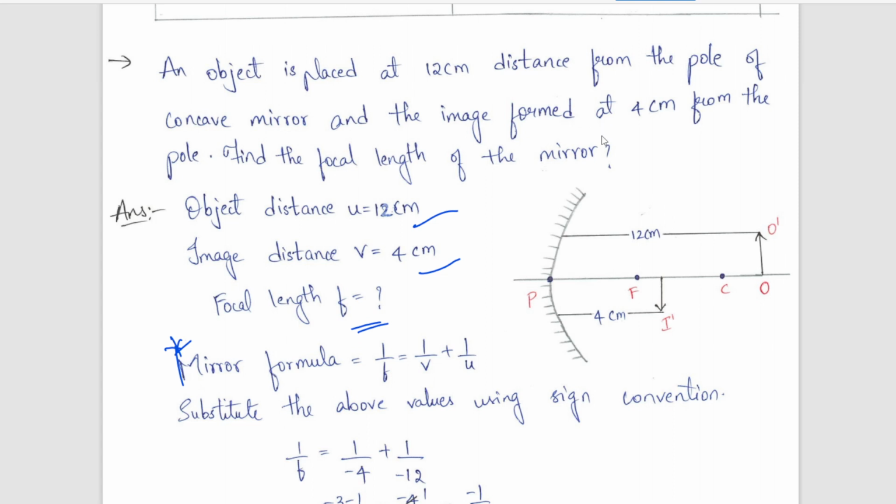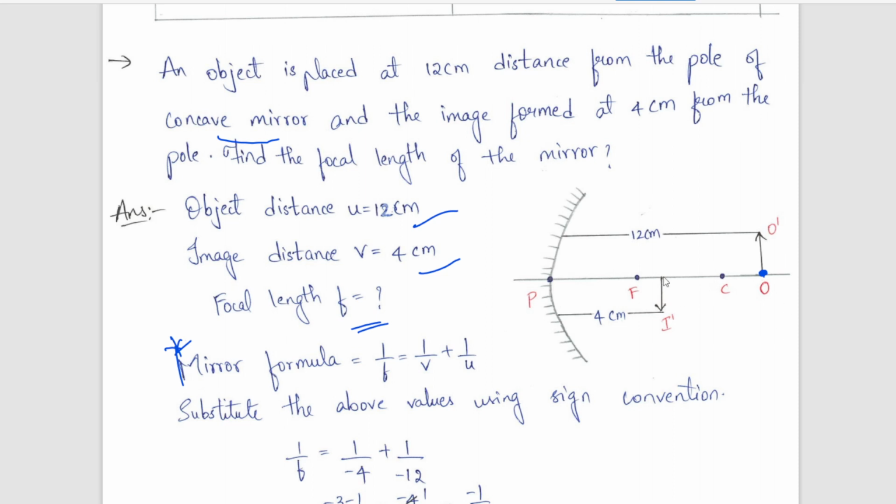So whenever you get a question on mirrors, you have to quickly draw the ray diagram for easy understanding. So you have to draw a concave mirror, as he has mentioned, concave mirror. And he said an object is placed at 12 centimeters distance from the pole. So you have to place your object here, and the image is formed at 4 centimeters from the pole.